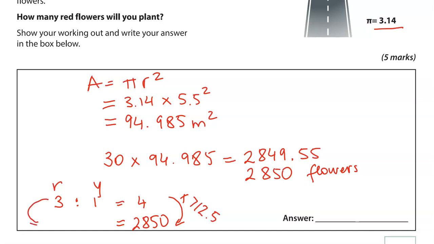So if we do this on the other side, so multiplying 3 by 712.5 gives us 2,137.5 red flowers.